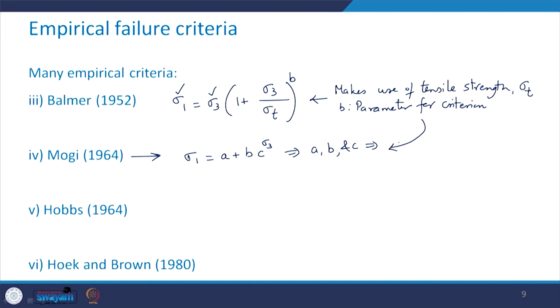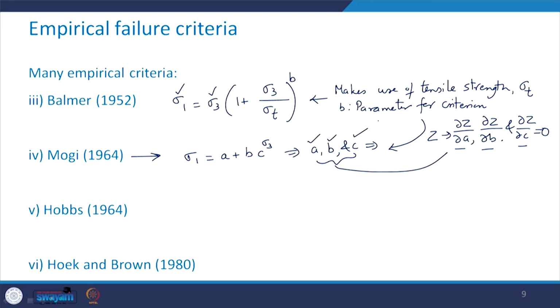So in this case whenever you define the error, you will get del Z del A, del Z del B and del Z del C. All these three you have to equate to 0. So you will have three equations and these three unknowns. So you will be able to obtain these three parameters A, B and C.